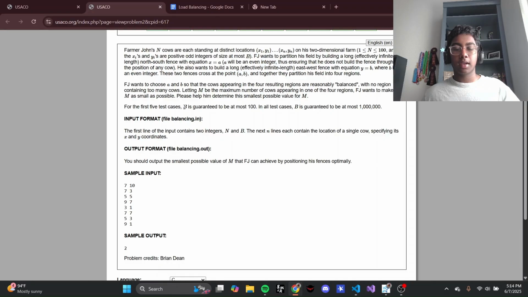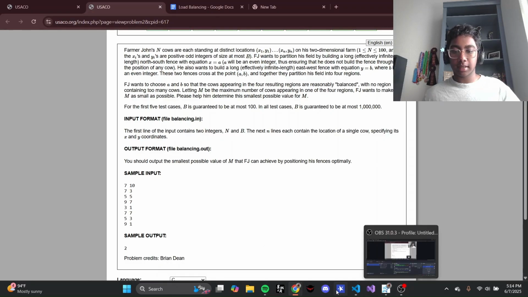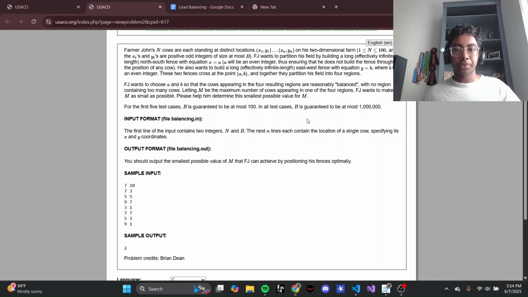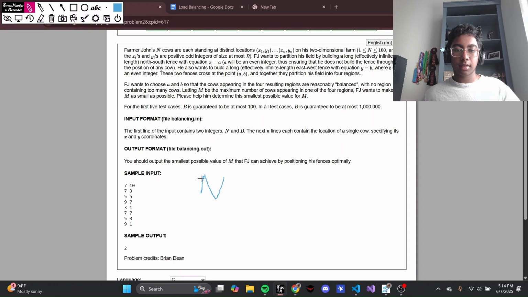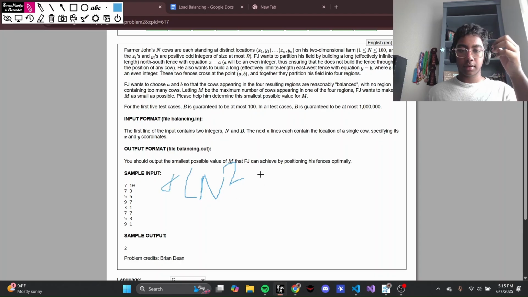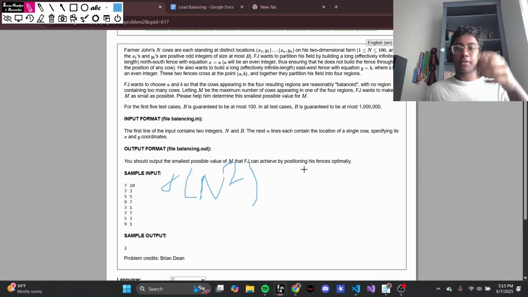So now since you're only going to be doing basically this, you're going to have up to n horizontal fences, up to n vertical fences, so that's n squared already, O of n squared. And then for each one you want to check the cows.